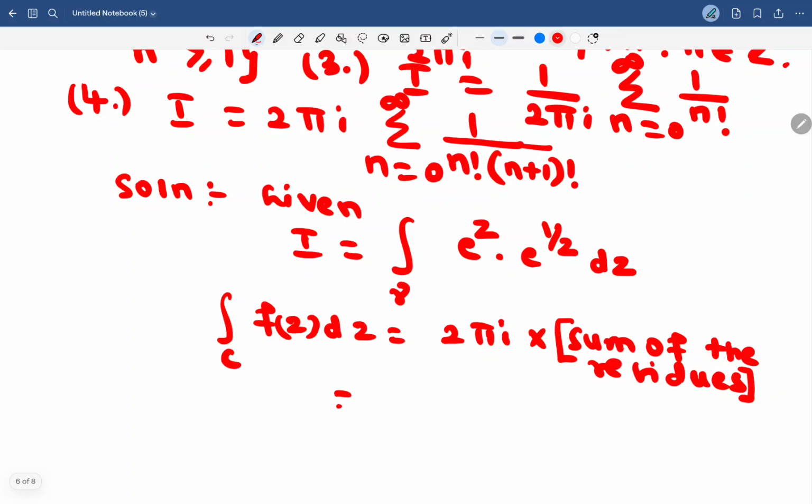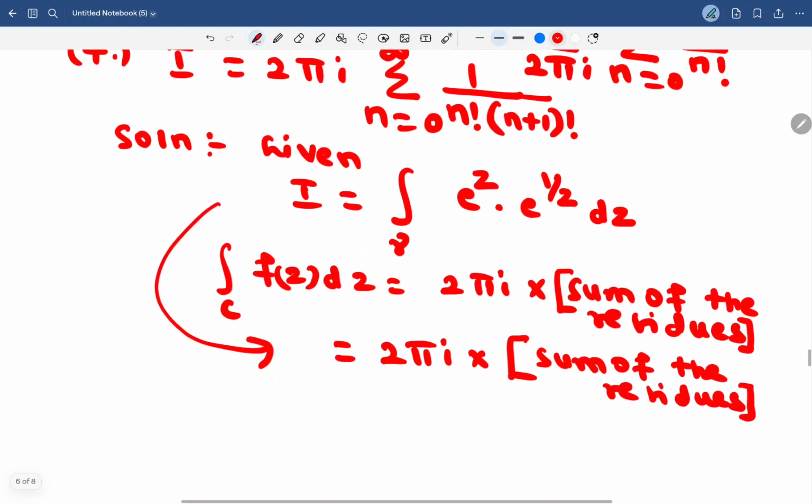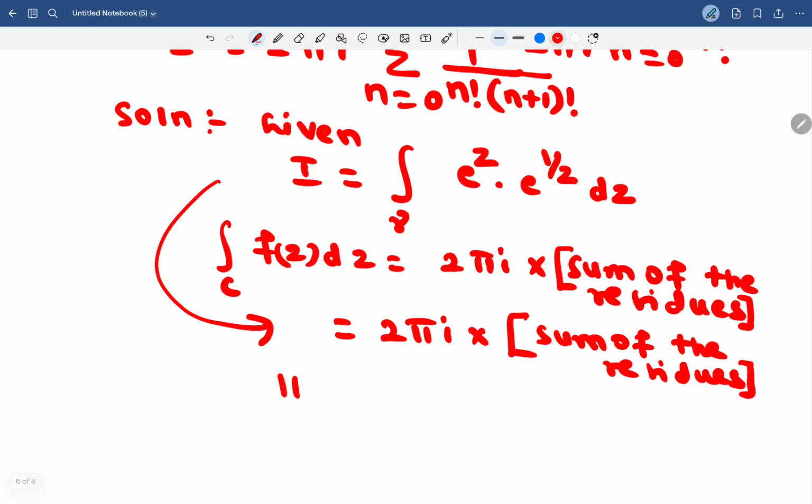Here it is given in the form of gamma, therefore this I must be equal to 2 pi into the sum of the residues. Here, what is f of z?